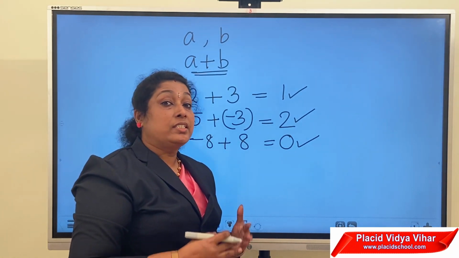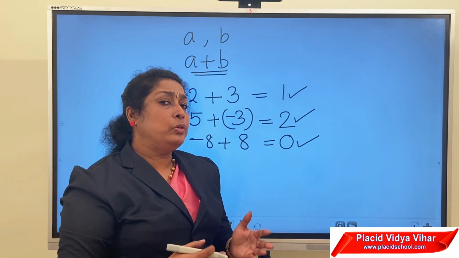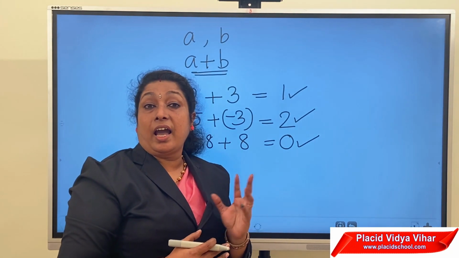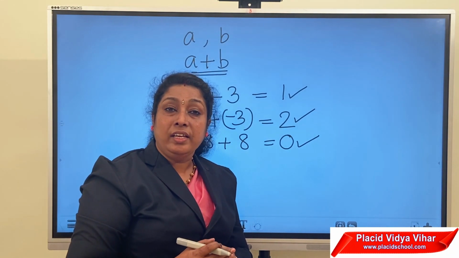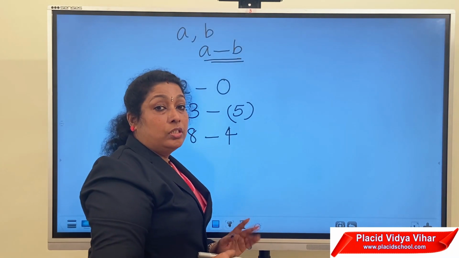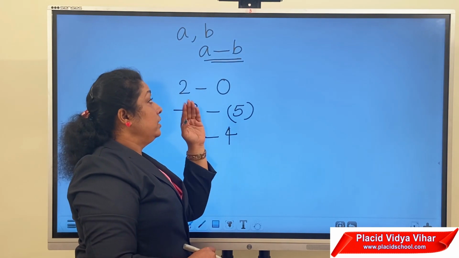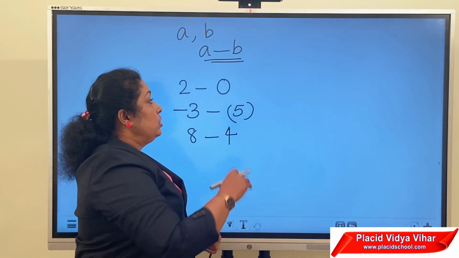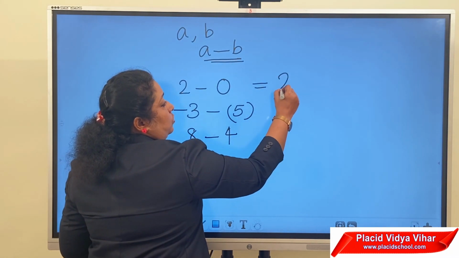Now let's look whether the same happens for subtraction also. That is, if we have two integers a and b, let us check whether a minus b is also an integer with examples. So look, 2 minus 0. 2 is an integer, 0 is also an integer. 2 minus 0, the answer is 2.